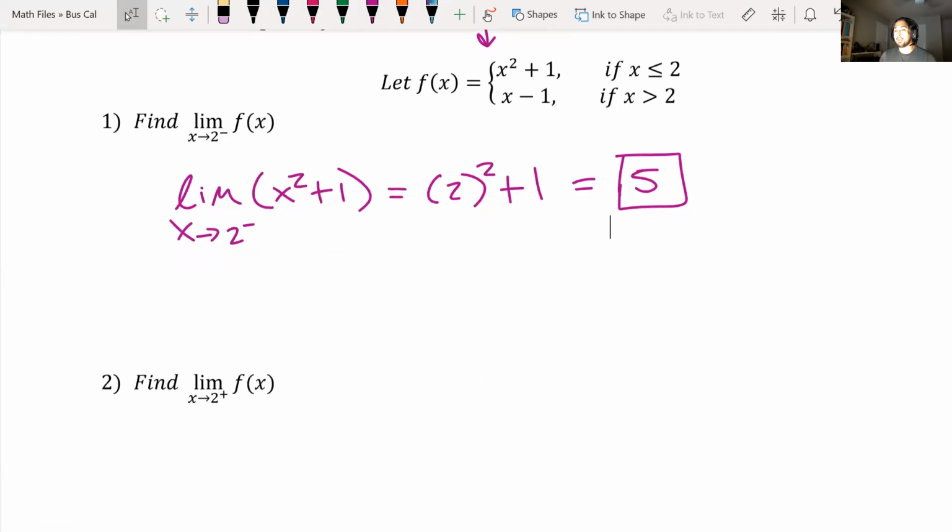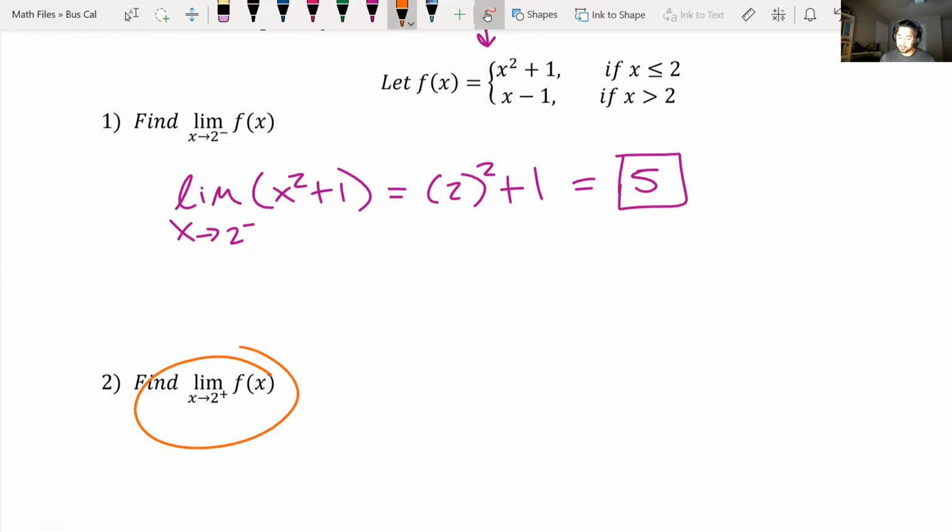All right. Next one. Now it says, find the limit as x approaches 2 from the right of f of x. I'll ask you again. If you approach 2 from the right, are your values smaller or greater than? Greater than. If you ever approach a number from the right, then your numbers are greater than.